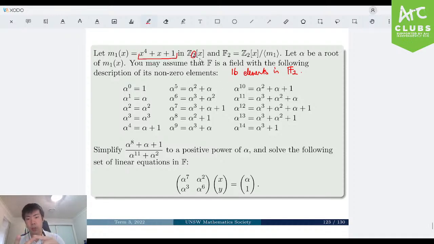And so it's 2 times 2 times 2 times 2, 2 to the power 4, is 16. Right, so we should expect 16 elements in our field F2. Now, every field must contain the 0 element. And so besides the 0 element, we should expect 15 other elements. Okay? And that's exactly what we see here.